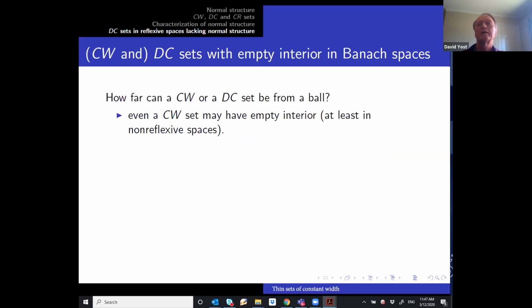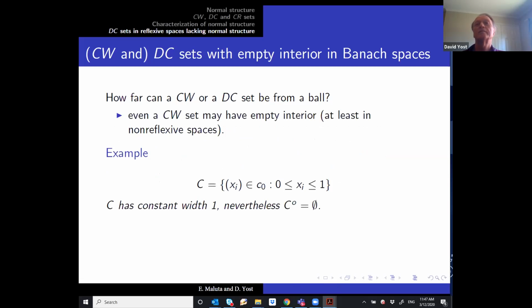So sometimes it's important to know that a set of constant width does not have to be a ball. Now I'm going to talk a bit about infinite dimensional norm spaces. A constant width set can have empty interior. This is not true in finite dimensions. And the simplest example, it's not a hard calculation. We take the Banach space C0 and we look at the positive elements in the unit ball.